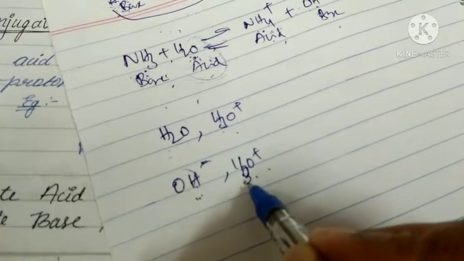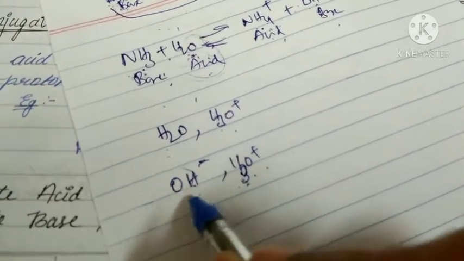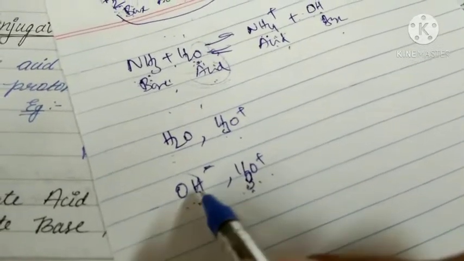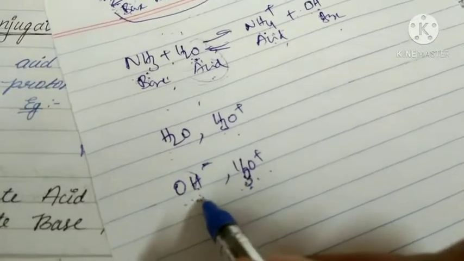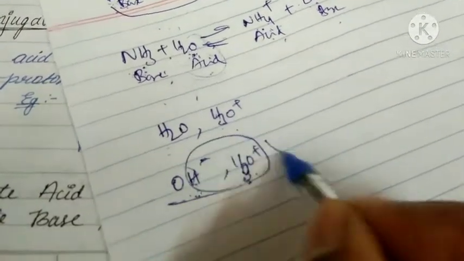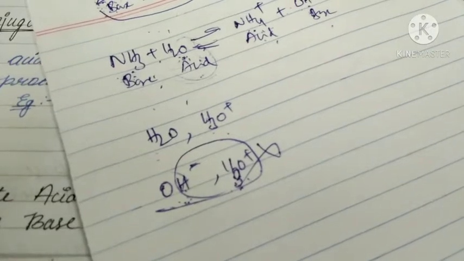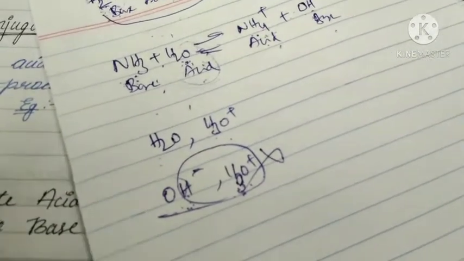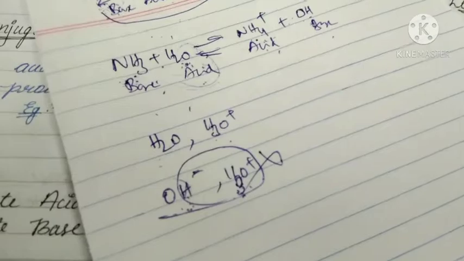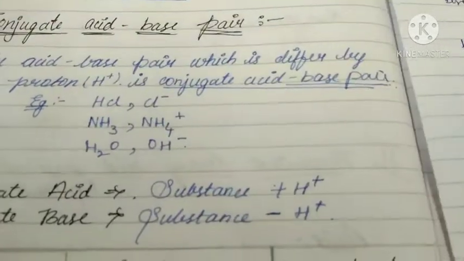Here the difference is 2 H plus. Here 1 hydrogen, here 3 hydrogens. Here the difference is 2 hydrogens. So these two are not a conjugate acid base pair. I hope you understand. Between two substances, 1 H plus difference should be there.